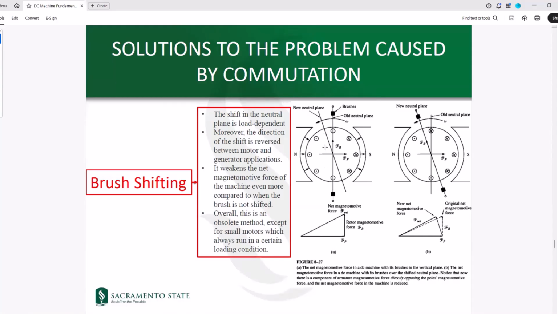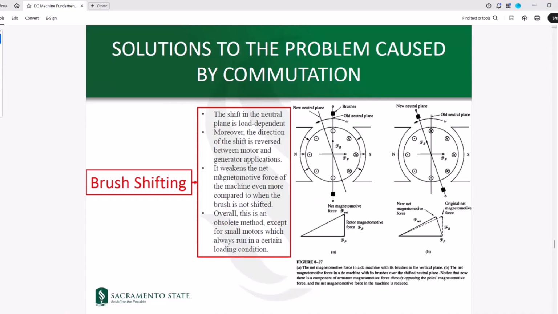This is the case where you have not shifted your neutral plane. But when you do shift your neutral plane, and compare to the case that you have not shifted, you can see that there is even more weakening, and your F net becomes even less than when you had no shift. So overall, this is not a desirable solution.